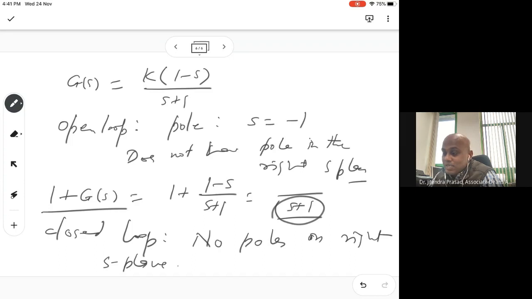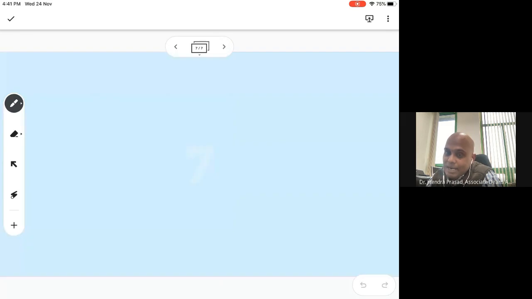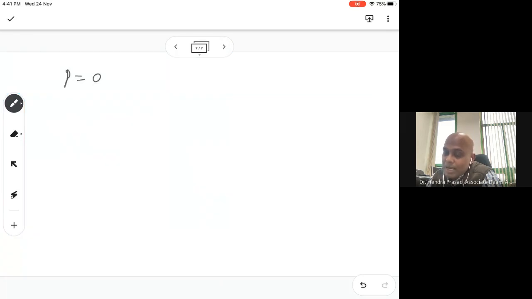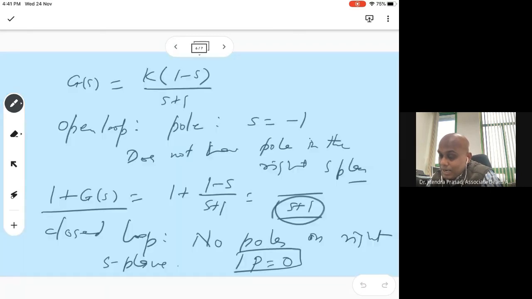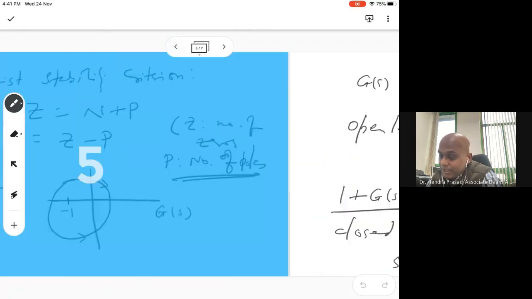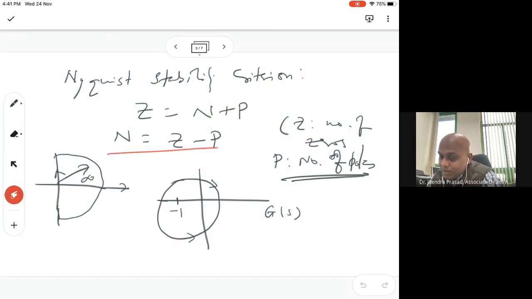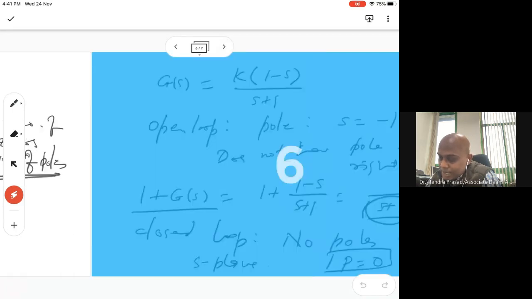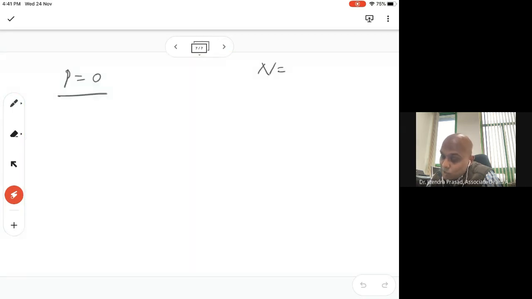Okay, so that's a good thing. So that really means we can say P equal to 0, right? Pole equal to 0. It guarantees that P equal to 0, and we are talking about the closed loop, like here, N equal to Z minus P. The one we are writing here, Z and P both relate to the closed loop system.